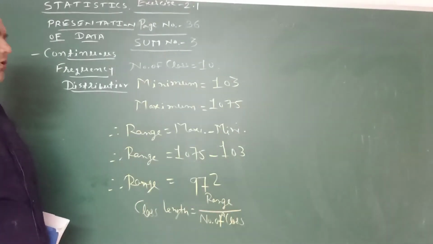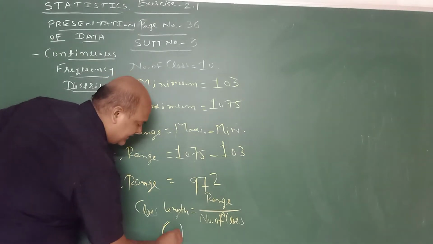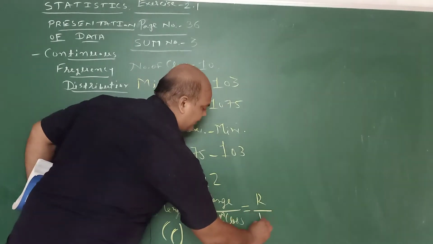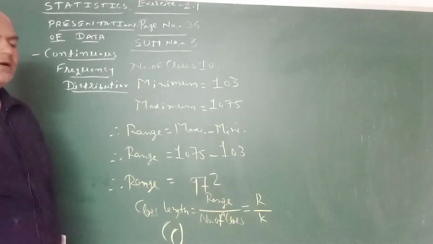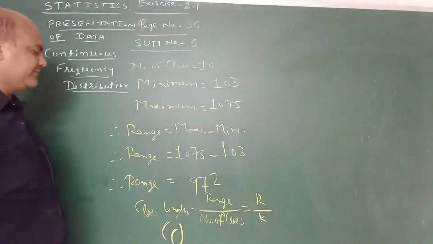We can say that C is equals to R upon K. Range is denoted by R while the number of class is denoted by K.